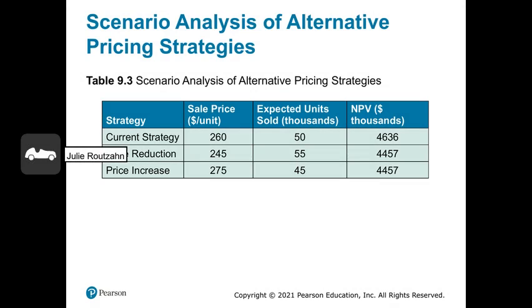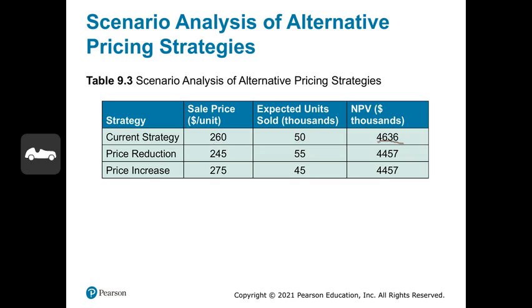So your chapter gives an example where it's looking at a current strategy. We have a sales price of $260, and if we sell it at $260, we expect to sell 50,000 units, and we get a net present value for that project of 4,636. Okay, then we can say, what happens if we reduce the price?